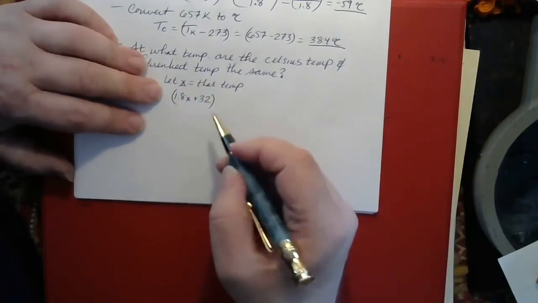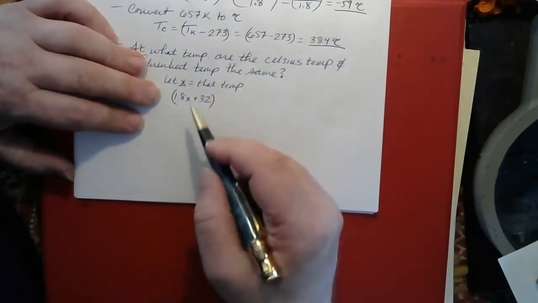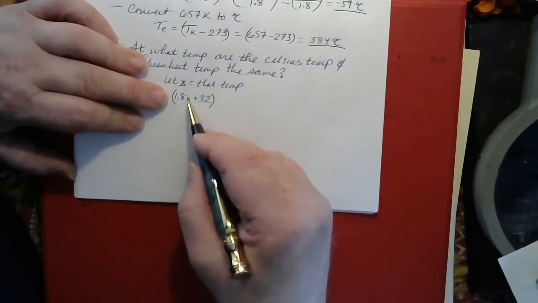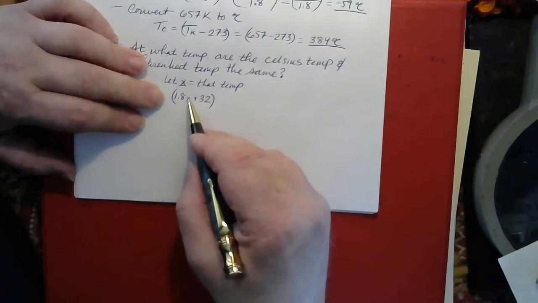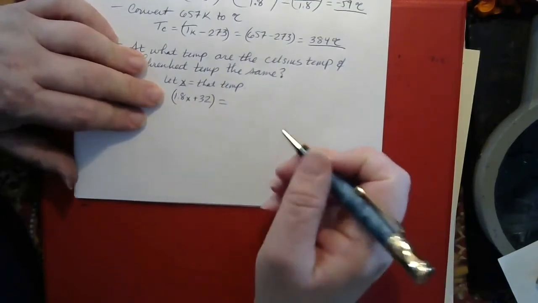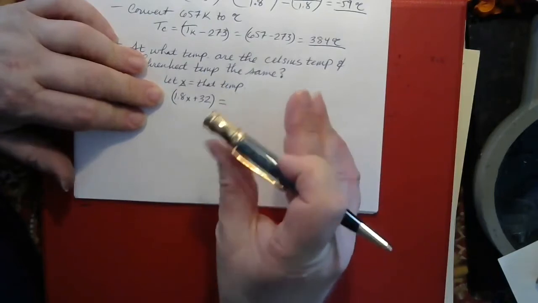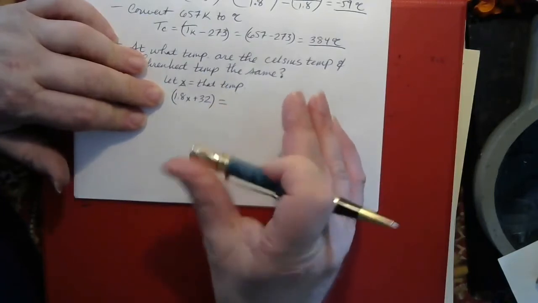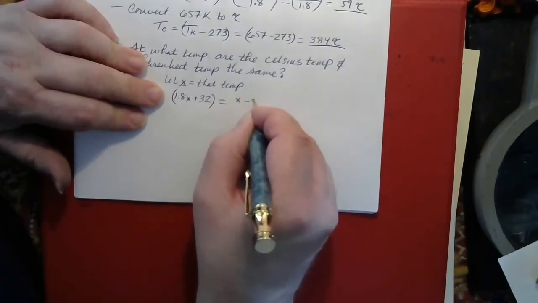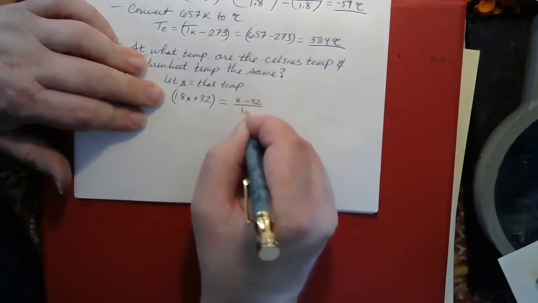Changing Celsius to Fahrenheit, it's 1.8 times the temperature in Celsius plus 32. So we're going to represent temperature in Celsius as X. And going the other way, temperature in Celsius is equal to temperature in Fahrenheit, which we're going to call X, minus 32 over 1.8.